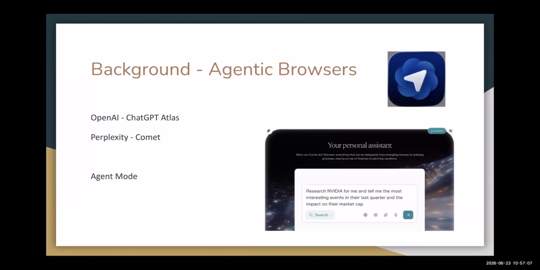Last year, OpenAI released Atlas and Perplexity released Comet. Both are powerful agentic browsers. Unlike traditional chatbots, they can understand natural language instructions and interact directly with the website. For example, you can ask Atlas to book a hotel for your Christmas vacation. The agent will compare the prices across multiple websites and complete the reservation for you.